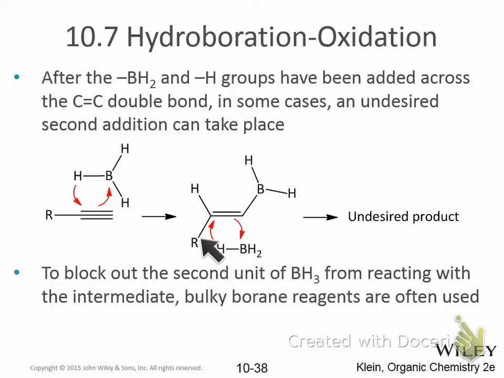The borane could add here, or it could add in the opposite direction as well. One of the things that controls the regioselectivity of boron is steric hindrance, and alkynes have very low steric hindrance. So there's one problem. The other thing that can happen is you can get boron added twice to the same alkyne, and that leads to something we don't want. We were looking for an aldehyde, and you'll end up with either a double alcohol or something like that.